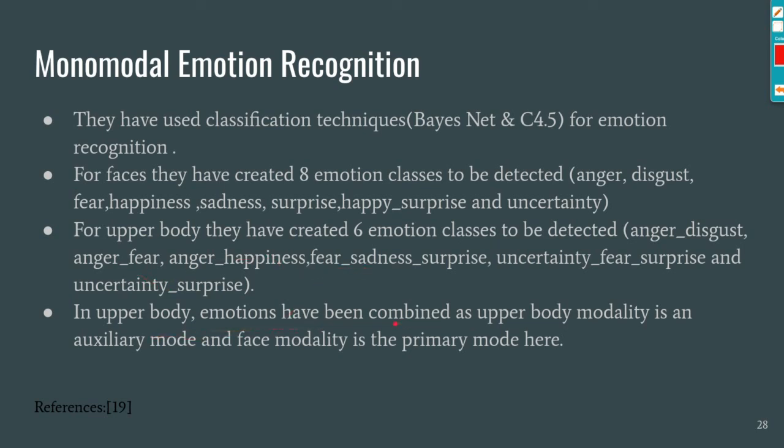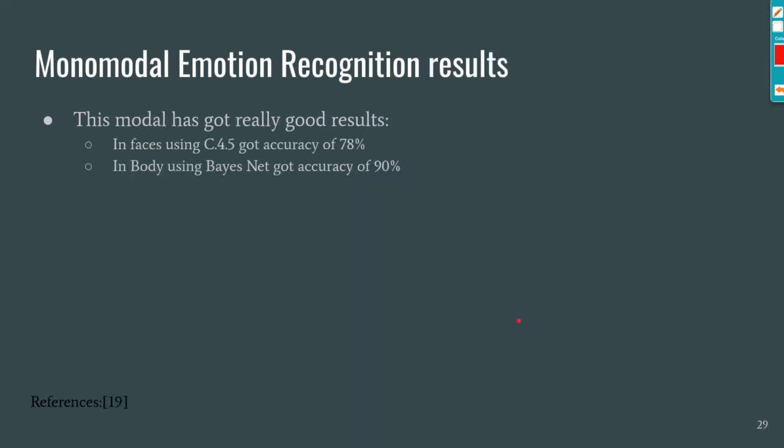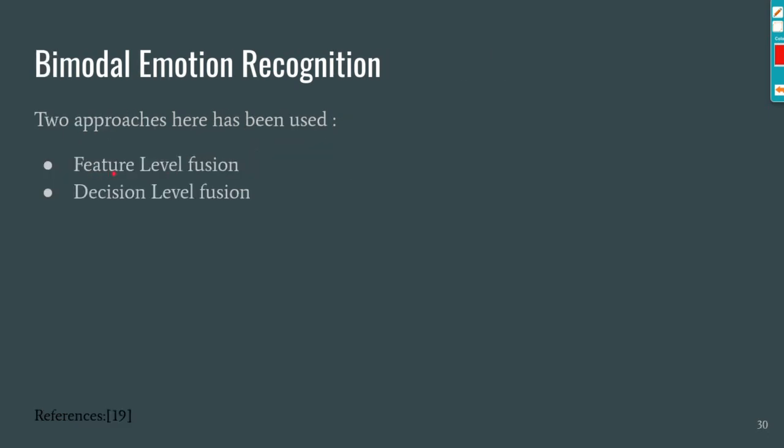They claim they combined them so that the upper body modality is an auxiliary mode, while the face modality is the primary mode. After applying the C4.5 classifier on faces, they got an accuracy of 78%. And for the body alone, using BiasNet, they got 90% accuracy to classify emotions.